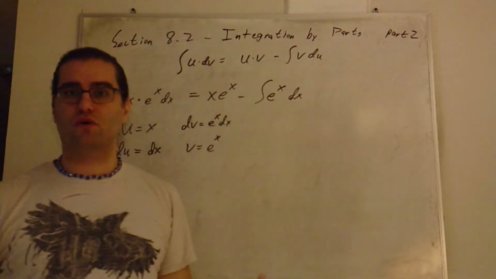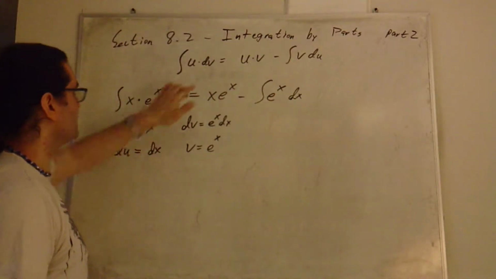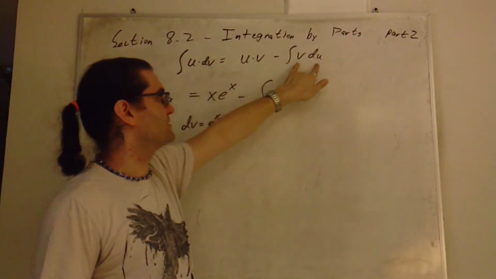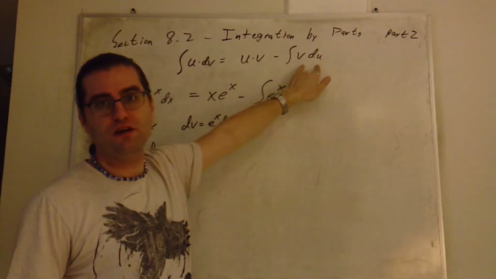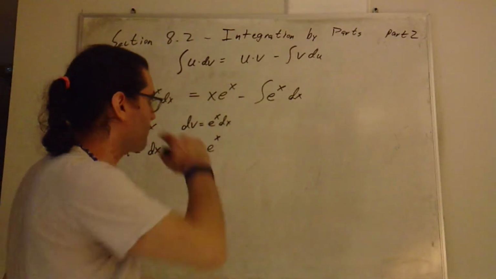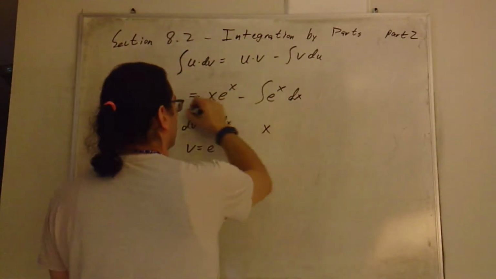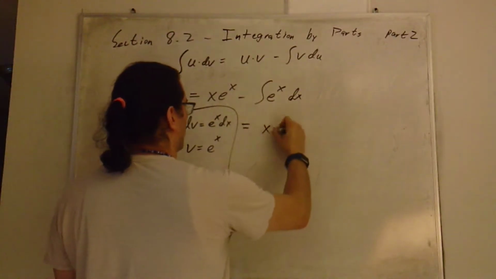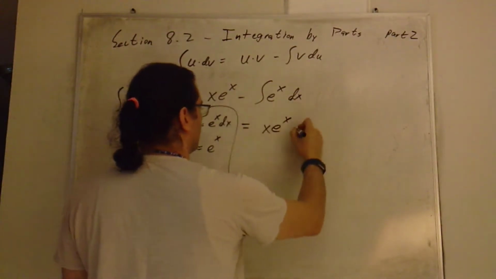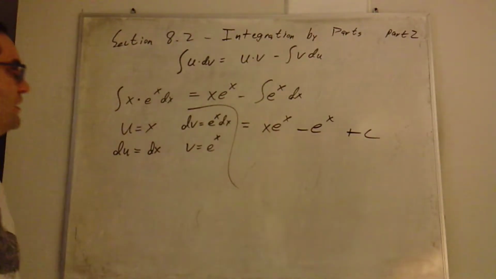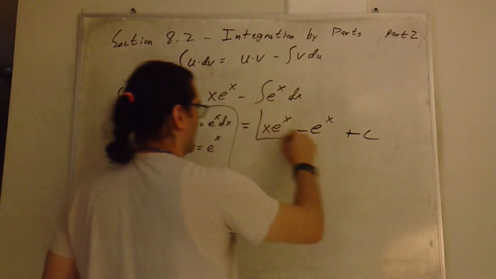And that's sort of the goal of this. We're going to replace the integral you have with a different integral, and if you choose your u and v correctly, this integral will be much, much, much easier than the one you started with. So, yeah. We have x e to the x, that part's not changing, minus e to the x plus c. This is our integral.